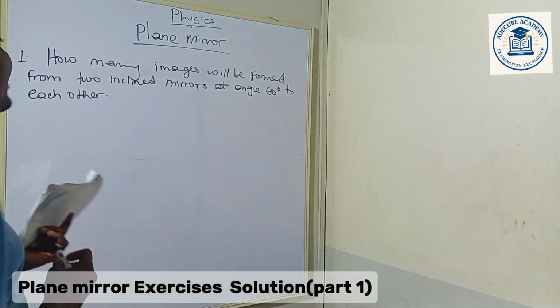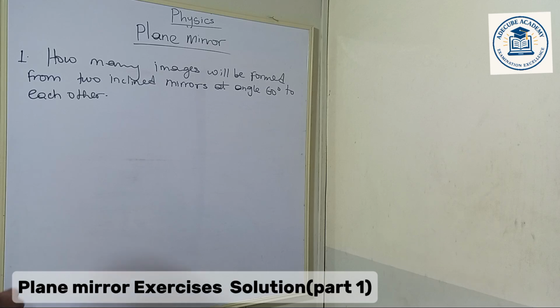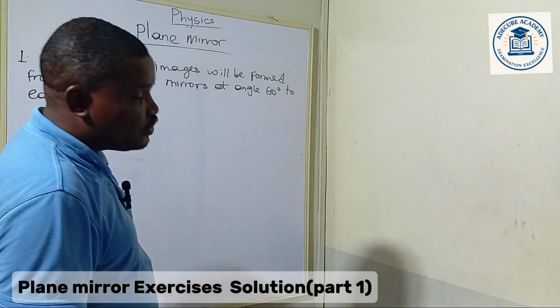This is the first question. It says, how many images will be formed from two inclined mirrors at an angle 60 degrees to each other?